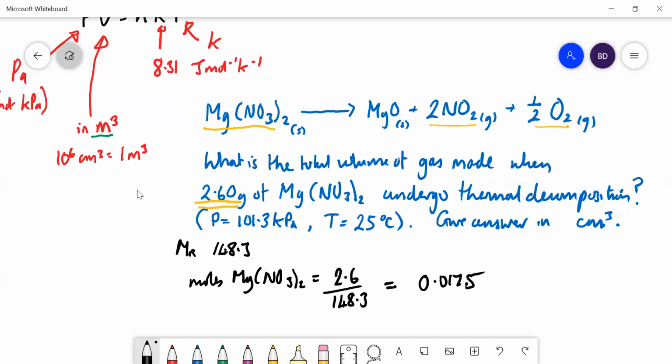Now we need to look at the equation to get the ratios, and we can see that 1 mole of magnesium nitrate gives us 2 moles of nitrogen dioxide and half a mole of oxygen.